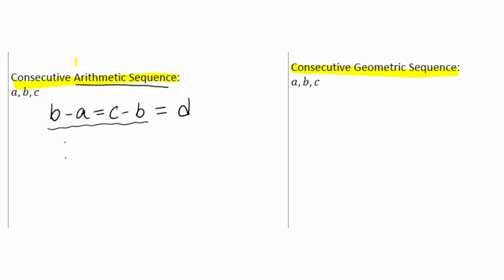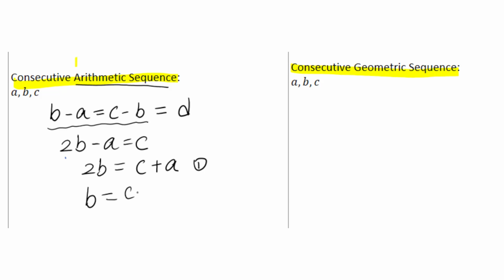Add b both sides, we will get 2b minus a equals c. 2b equals c plus a. This is a very important formula for consecutive arithmetic sequence. If we divide it by 2, we will get b equals c plus a over 2. This is the second very important formula for consecutive arithmetic sequence.